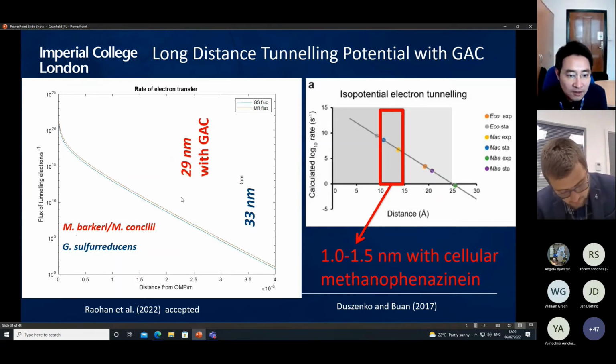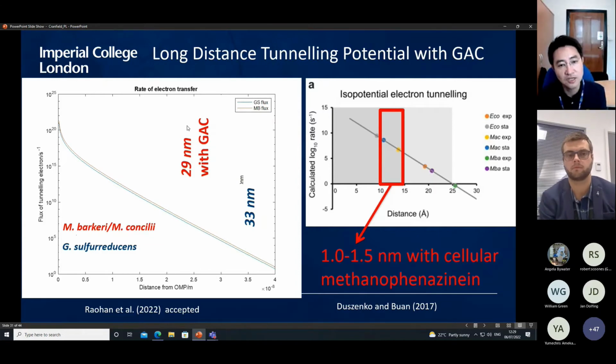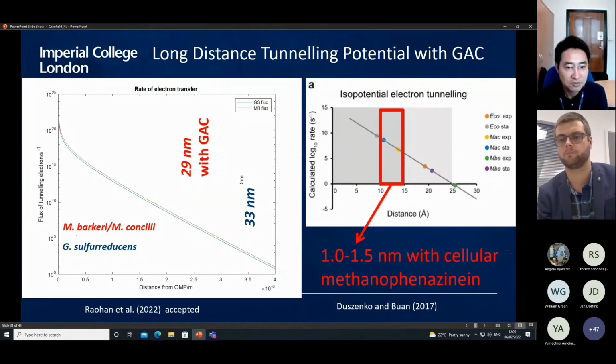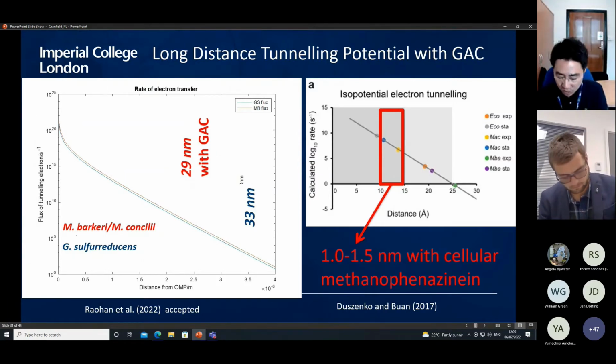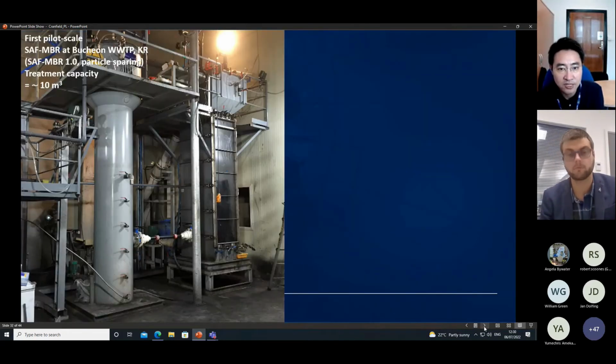We found that for methanogens Methanosaeta and Methanobacterium, the range is about 30 nanometers with the sewage. It can tunnel through. So it gives a little bit of theoretical understanding that it is possible. This is quite encouraging, and it explains why we see such good kinetic and thermodynamic rates. So that is the theoretical understanding.